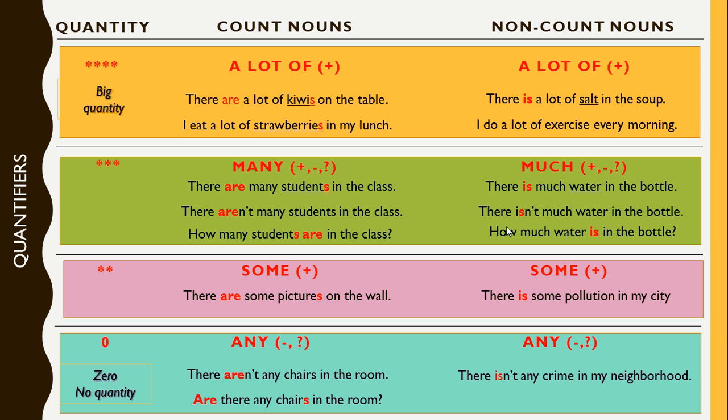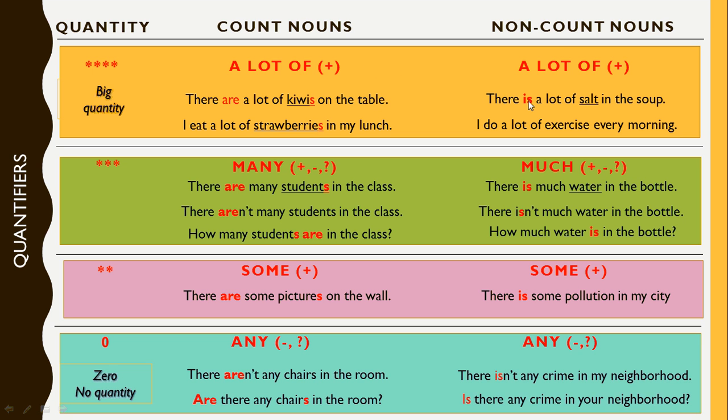Any, we can use it for negatives and for questions. Some, we can use it for positive statements, but also for questions. Many for questions, for negatives and positive statements, and a lot of only for positive statements.